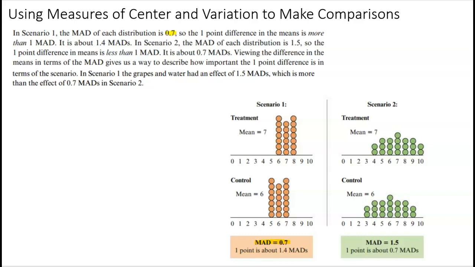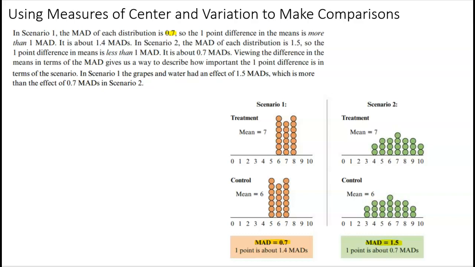It is about 1.4 MADs. In scenario 2, the mean absolute deviation in each is 1.4. So the 1 point difference is less than 1 MAD. It is about 0.7. So viewing the difference in means in terms of the MAD gives us a way to describe how important that 1 point difference is in terms of the scenario.